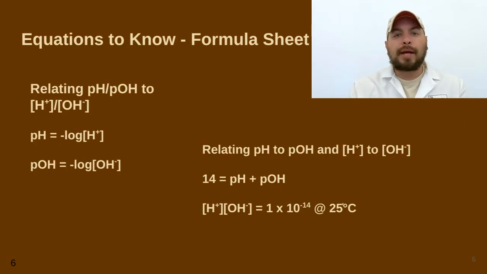And if you remember back to the last video, we know that the concentration of H+ and the concentration of OH- multiply together to give you 1 times 10 to the negative 14th. So this means that at our neutral pH of 7, the concentrations of both H+ and OH- are 1 times 10 to the negative 7th.